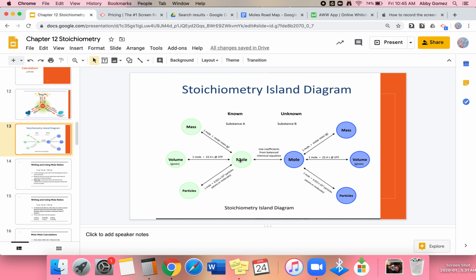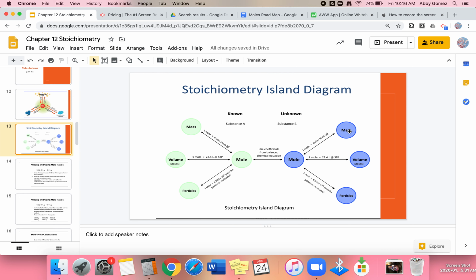And then once we know that, we want to use that to then convert it to moles of this other substance, of substance B. But let's say we don't want to leave that in moles. We want to be able to actually weigh it out on our scale and know how much we're talking about. So we're again going to convert that to grams, to a mass.